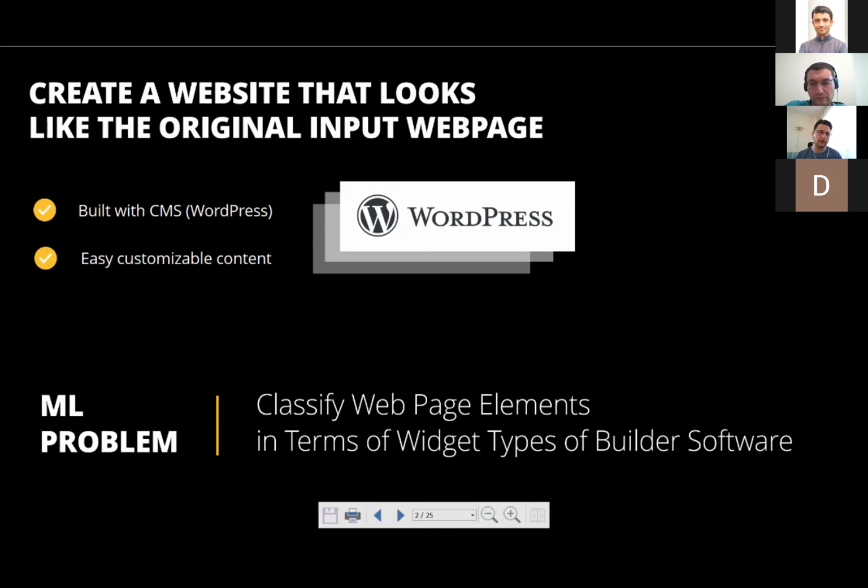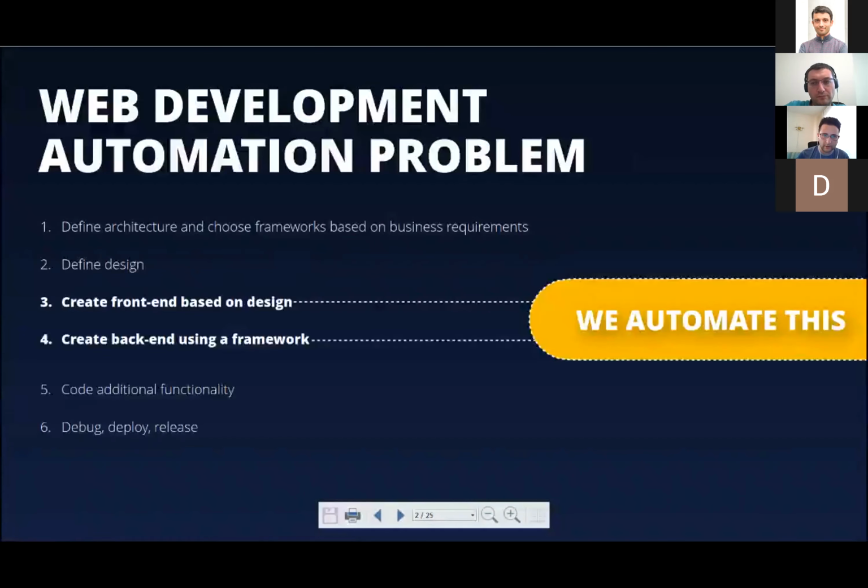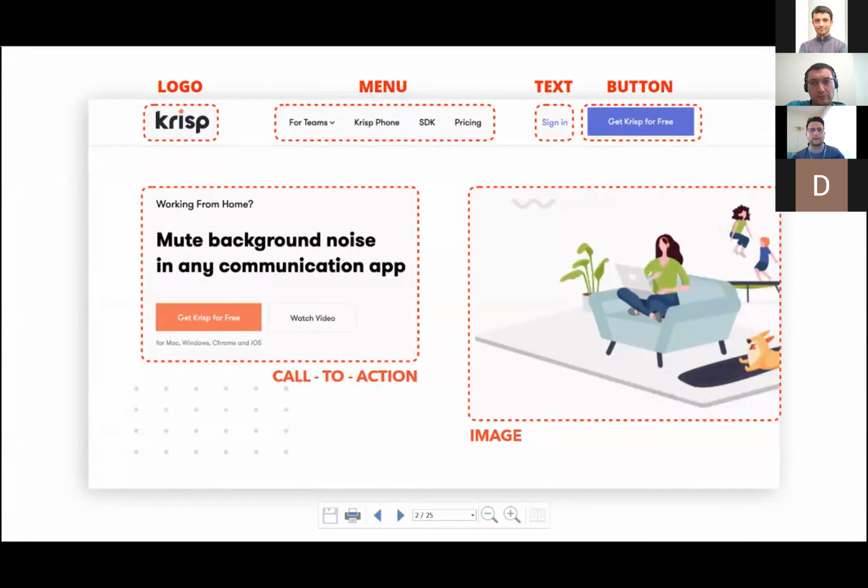And there is an underlying machine learning problem. That's the classification problem of web page elements in terms of the types of widgets of builder software. By types of widgets, I mean things like this. Here we have logo, menu, text, button, image, and some of the types are quite simple, for example, image.